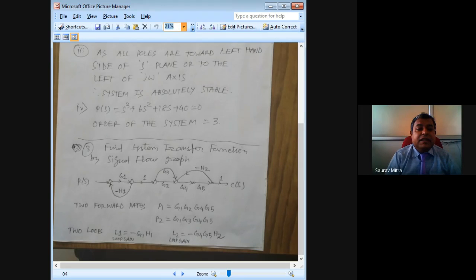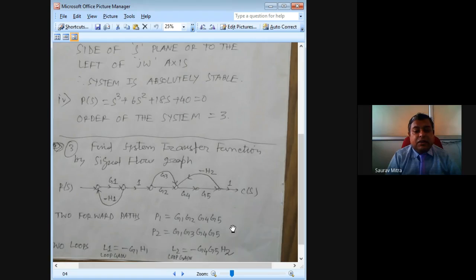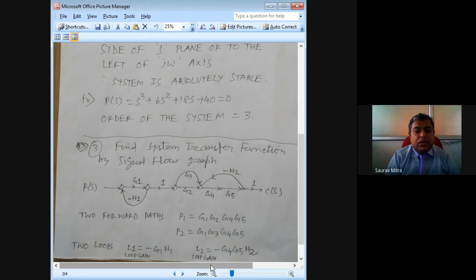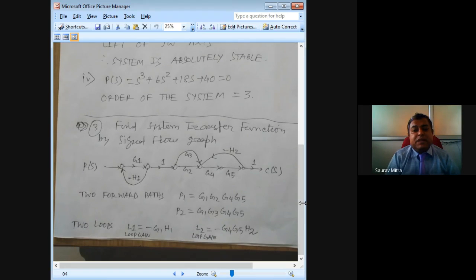Now we will see another numerical, the last numerical of this session. You can take a screenshot of the bottom part, which says find the system transfer function by signal flow graph. This is a very simple example I have taken because I just want to show you how to find the signal flow graph based transfer function.